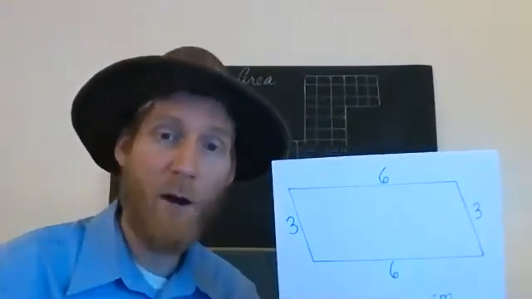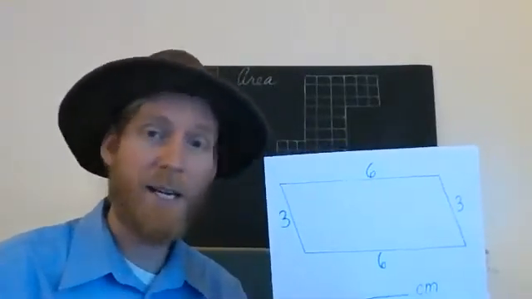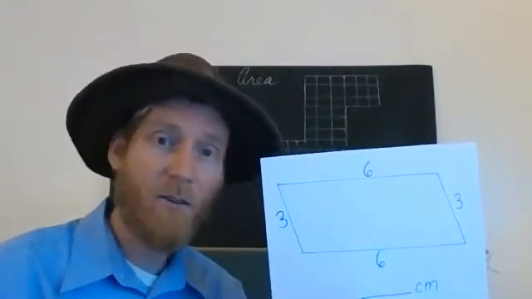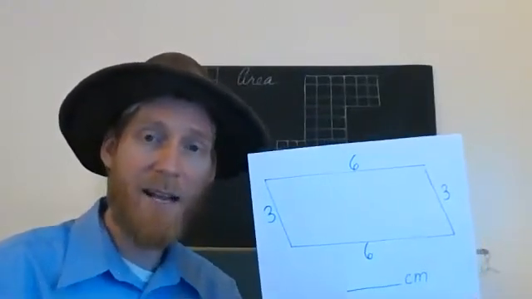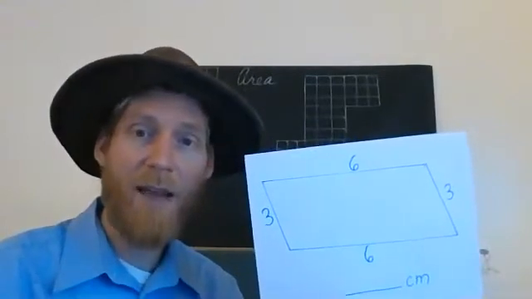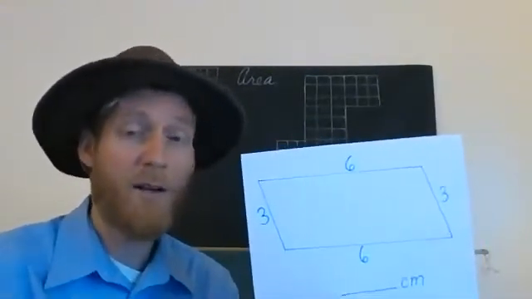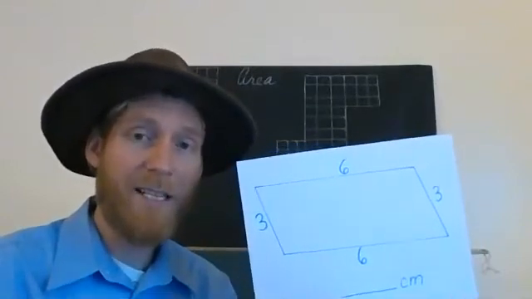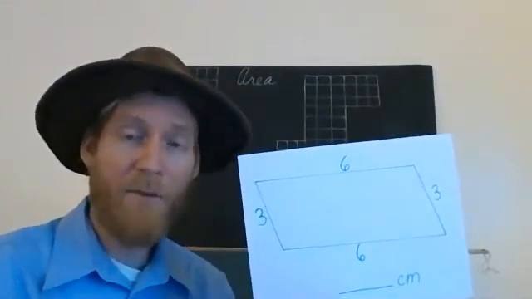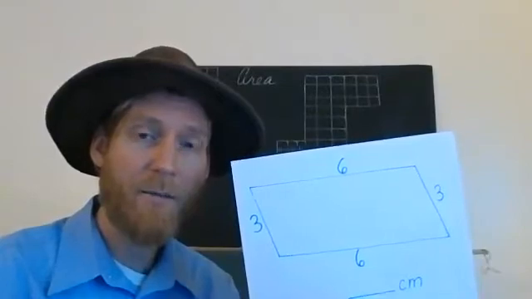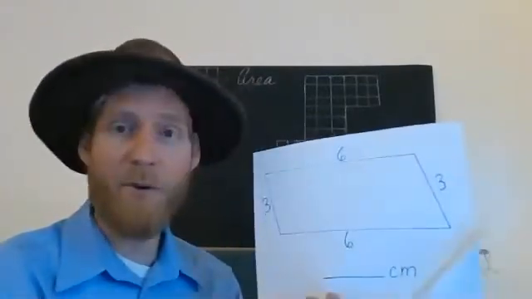Say it's 12 feet by 10 feet, or whatever it is. You could go 10 plus 10 plus 12 plus 12, if it were an actual rectangle shape, and find the perimeter. Well, that's the distance around, the perimeter.